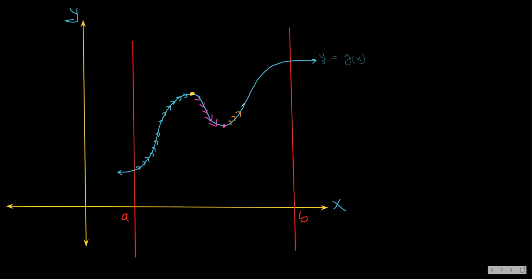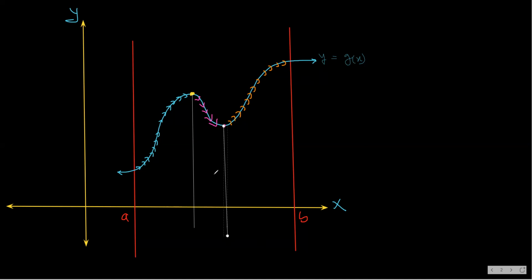Now, what is happening in such cases? The function is changing its behavior at 2 points. These 2 points are called the turning points. See, this is one turning point. This is another turning point.